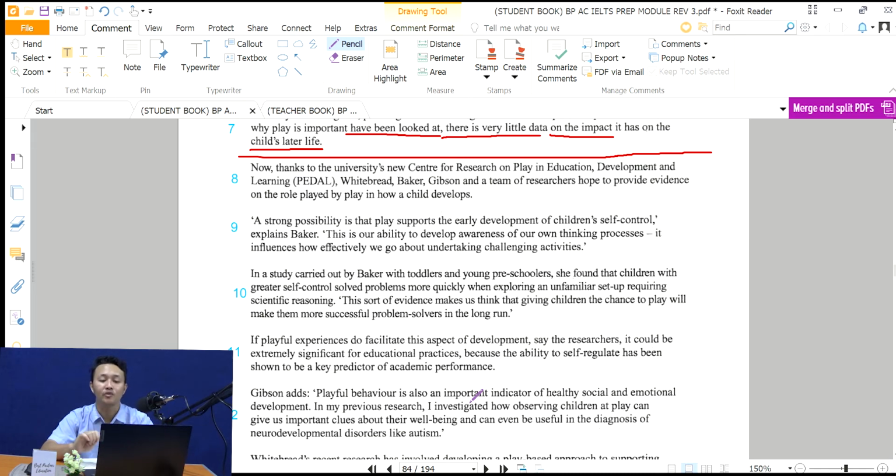Children with self-control, and then do well at school. Okay, so if you read very carefully, only focusing on finding the keywords, you will find it in paragraph 10. You will see here, in a study carried out by Baker with toddlers and young preschoolers, that refers to children, but not only common children, but also children at school, because it says toddlers and then young preschoolers.